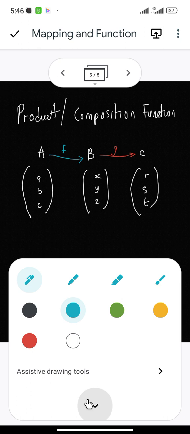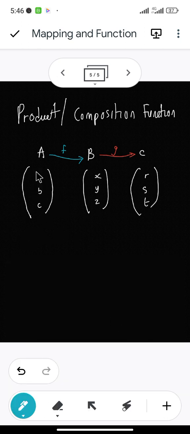Now, what the function f will do is map the various elements in this domain to the elements in this codomain. So let's say we map element A to Y. Let's say we map element B to Z. So this is mapping.